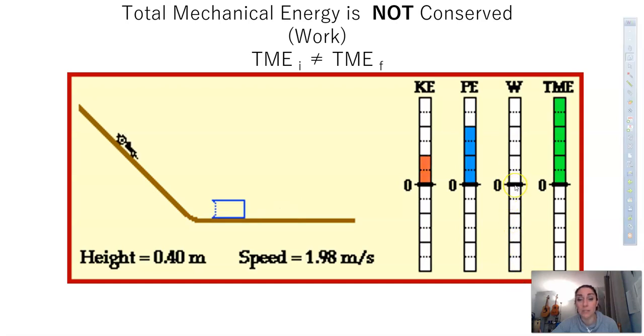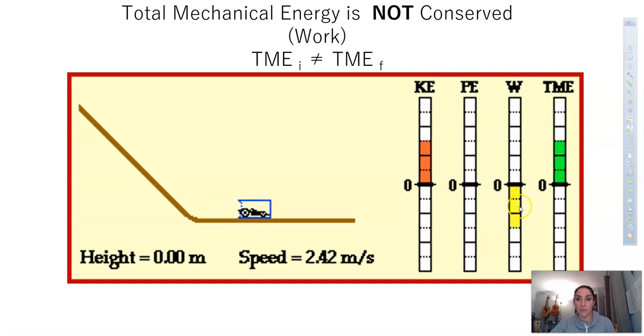Notice that the work is negative, right? So the work is negative, which means it's taking away energy. And in fact, every time you add the kinetic and the work, you'll notice that it basically cancels out, right?